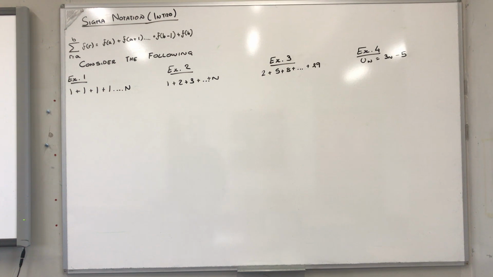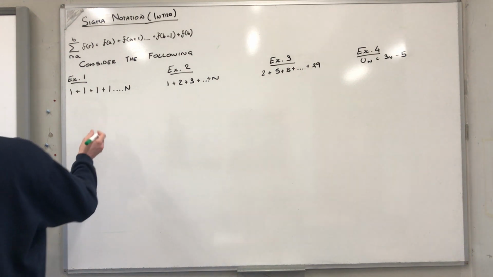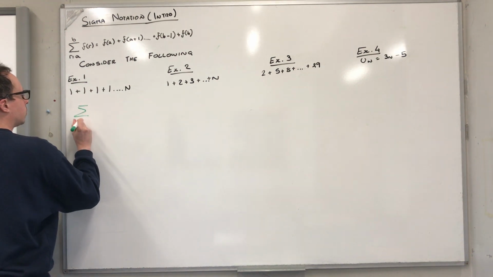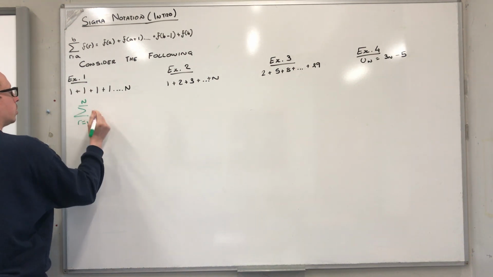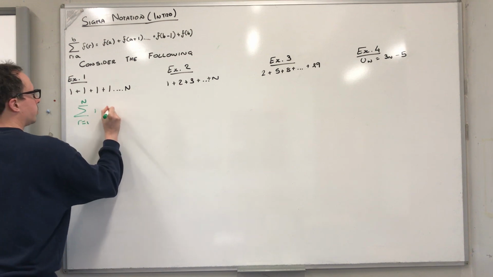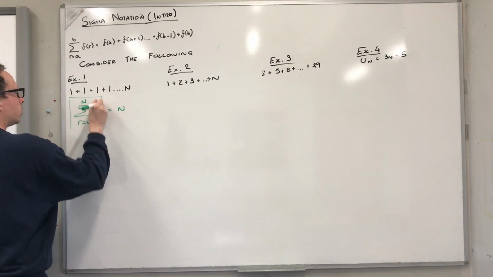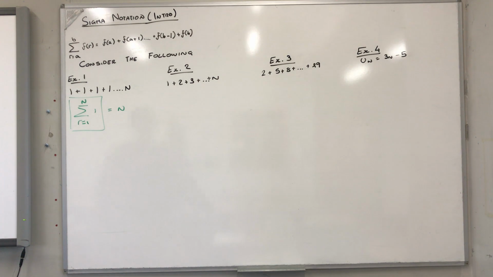1 plus 1 plus 1 plus 1 plus 1 all the way up to n. Well, whatever the sum is going to essentially be, it's whatever n is. So I can actually just simply express that as a sum from 1 up to n of the function 1, because we're not changing anything.